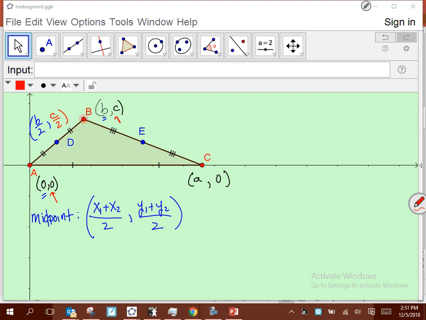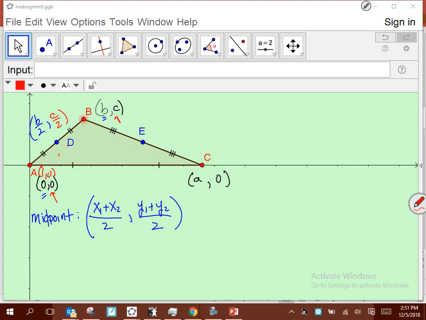Yes, so this is the reason why we chose that point to be 0, 0. We could logically put this point anywhere we wanted to. So it could be 1, 1, it could be 1, 2, it could be 1, 3, whatever. But then finding these things, these would be more difficult looking formulas. So if this point was 1, 0, then yes, it'd be b plus 1 divided by 2.